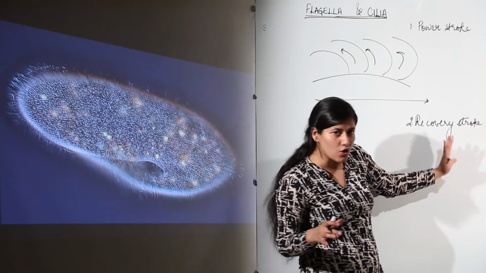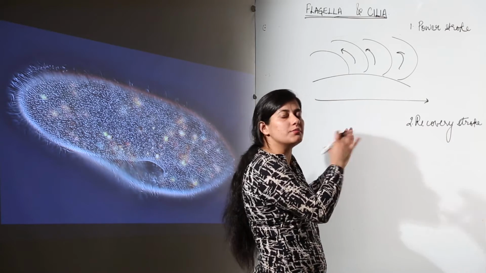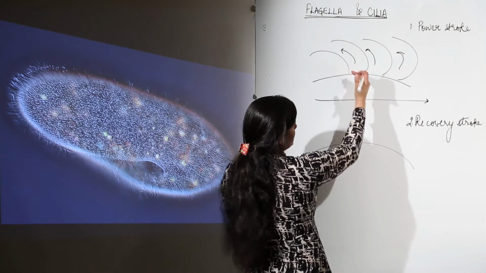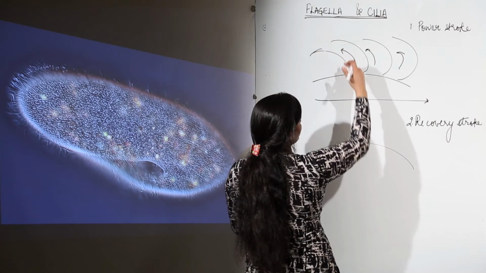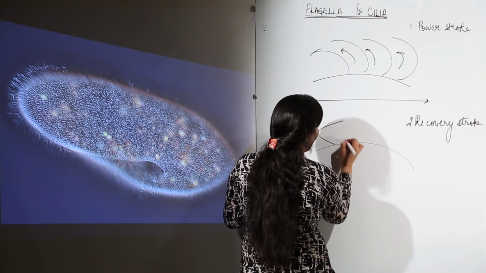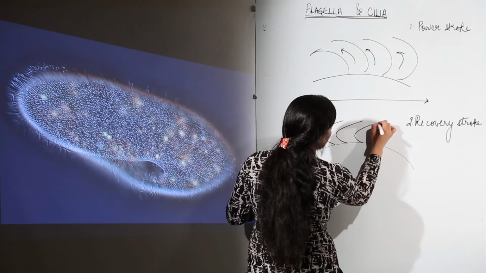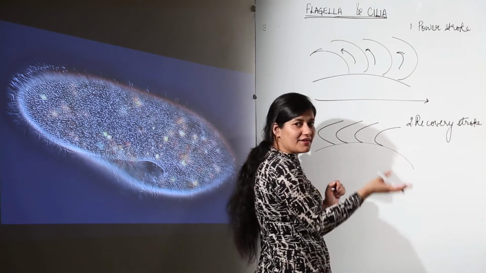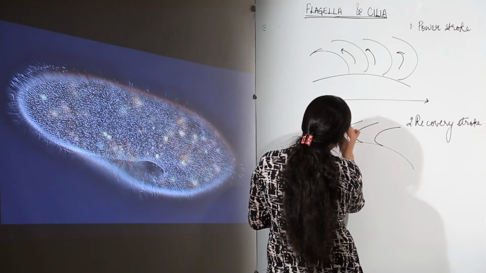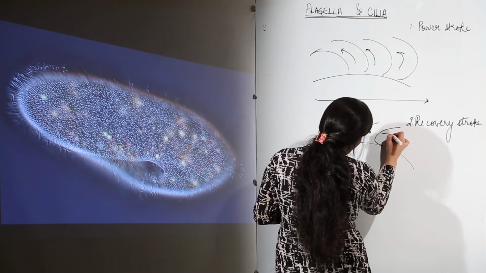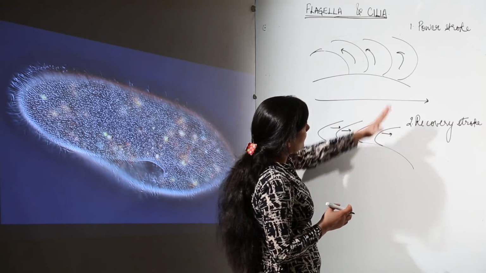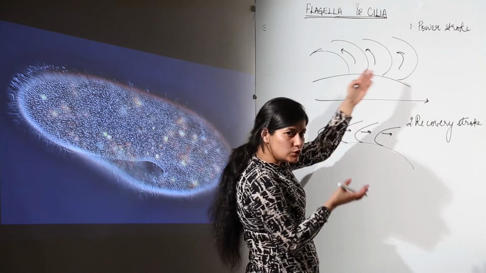The same is the case with the cilium, because it has an oar-like function. Again, this is the free surface, and these are the cilia which I have shown you. The cilia which had moved in this direction try to come back to their original position so that they are ready for another power stroke. In the beginning they get folded, as they try to come back to the condition where they can go for the power stroke.